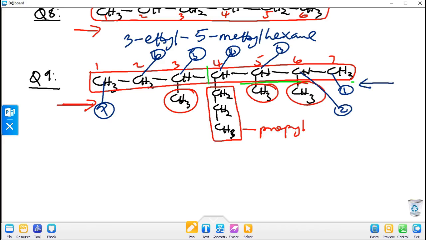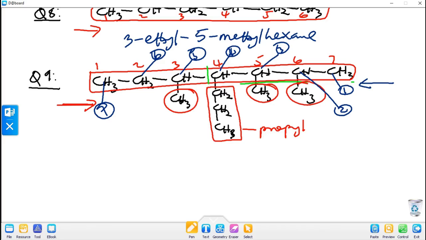Since the propyl remains at carbon 4 whether left or right, numbering from the right-hand side is ideal, because there are 2 methyls found closer to the right-hand side, and that will give them 2 and 3. But if we number from the left-hand side, it will give them 5 and 6.